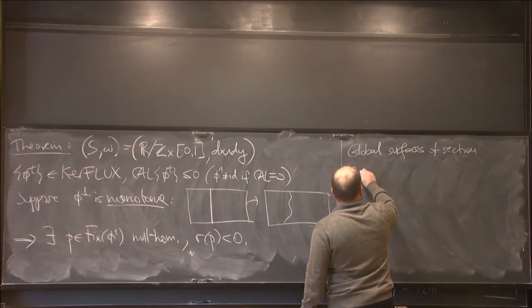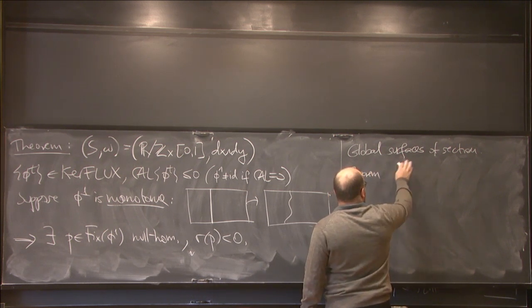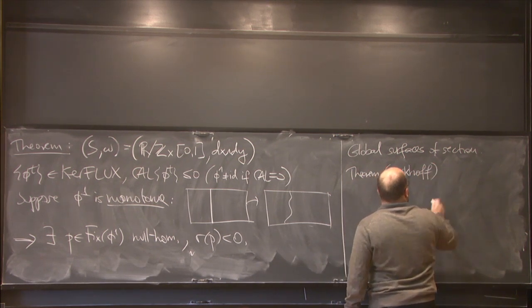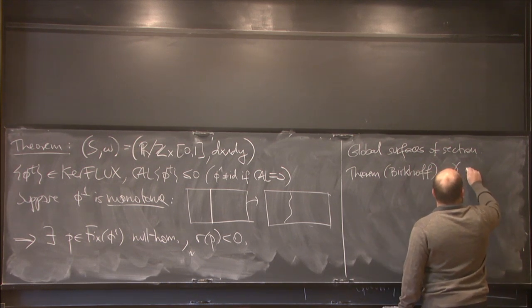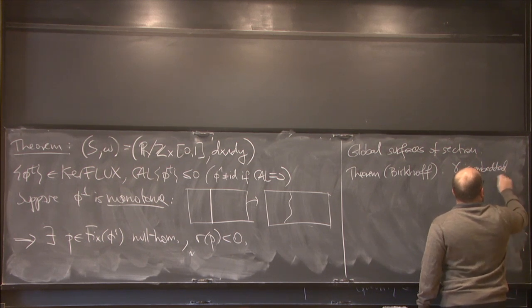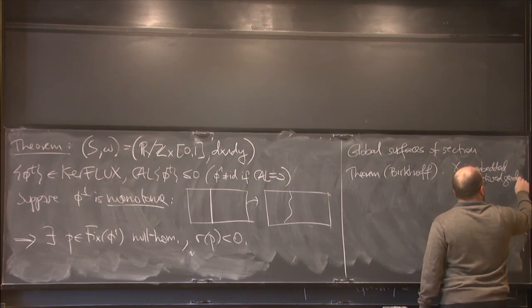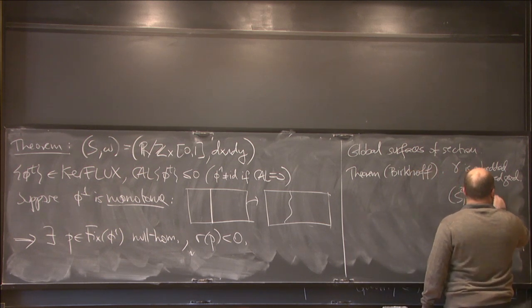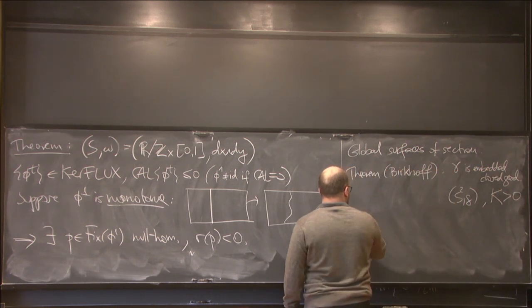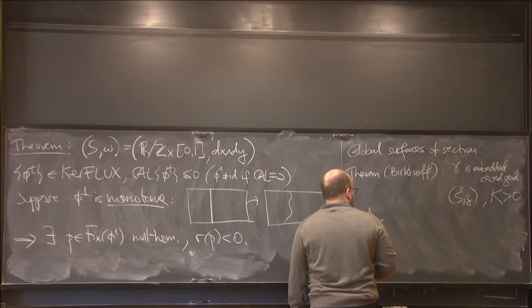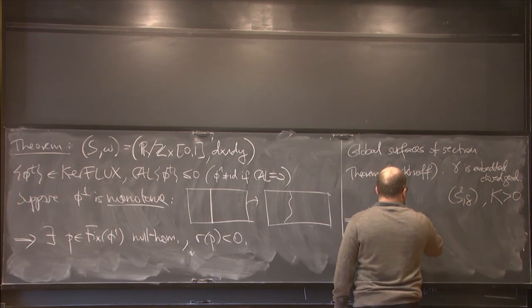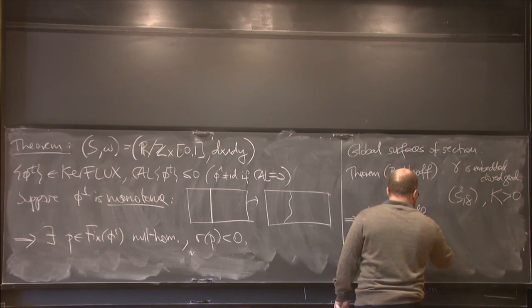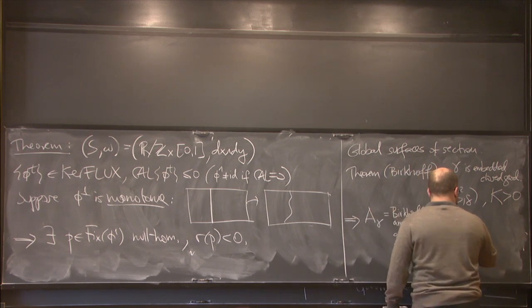And the theorem that allows us to use this dynamical gadget is a theorem of Birkhoff, asserting that if gamma is an embedded closed geodesic on a two-sphere for which the curvature is positive everywhere, then the Birkhoff annulus, which I'll denote by A gamma, associated to gamma is a global surface of section.